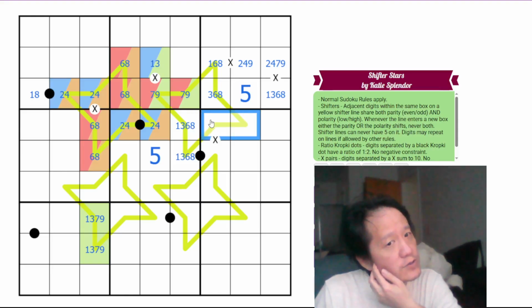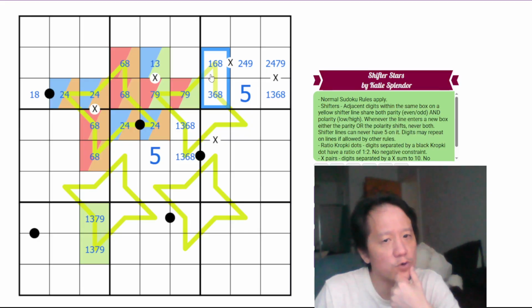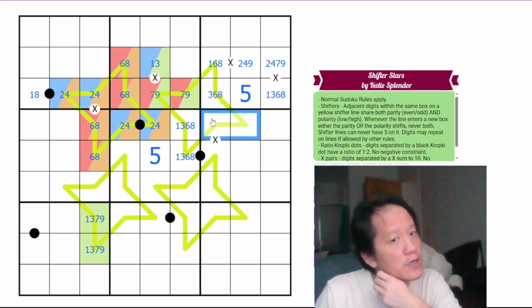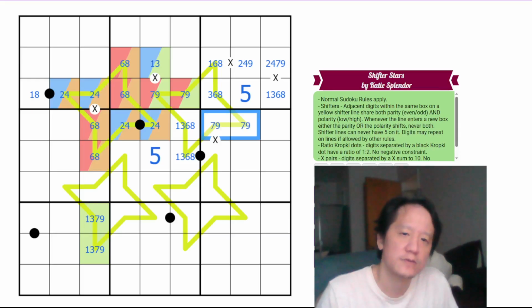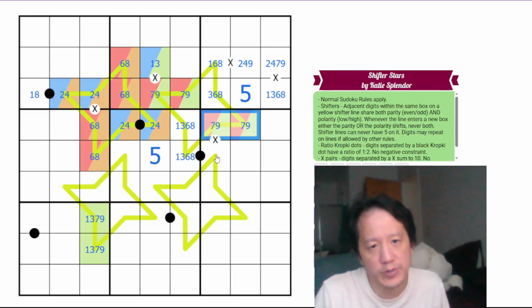These must go to 2, 4 or 7, 9, right? Because it changed either polarity or parity. If it's both even and high, it must go to either even and low, which it can't be because of the 2, 4 pair there, or it must, so this has to be 7 and 9 no matter what, because we already have a 2, 4 pair here, so this can never be a 2, 4 pair.